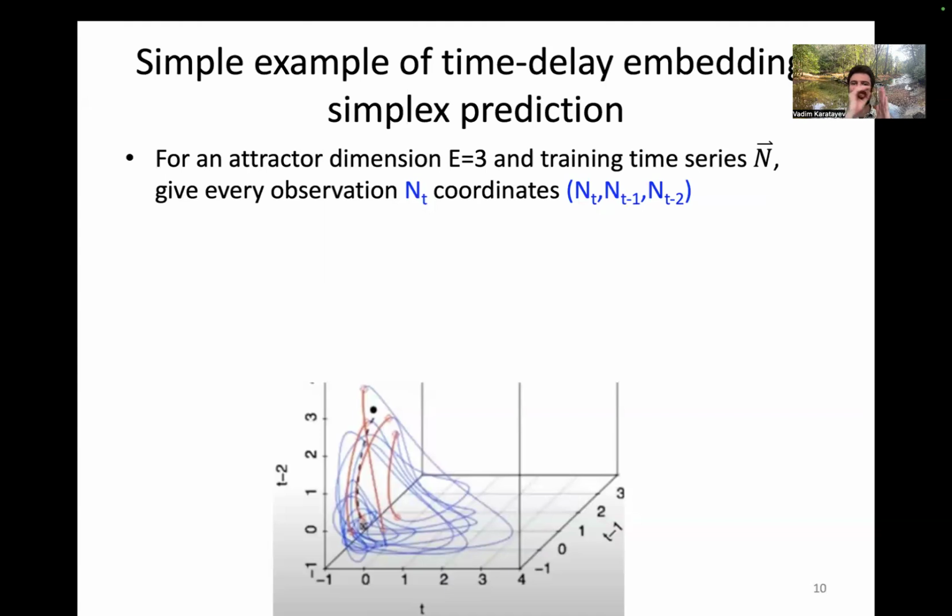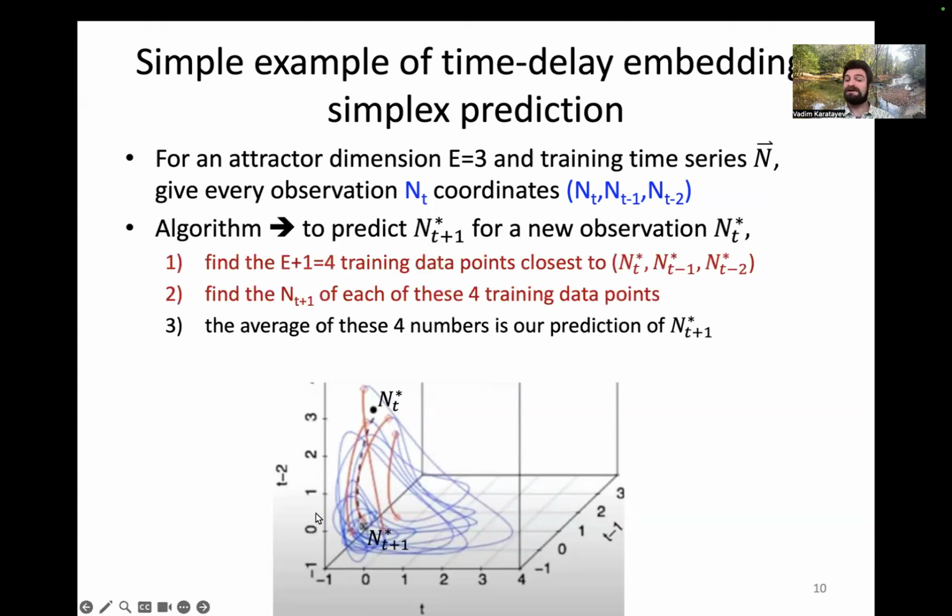So what it is now versus abundance last year and 2 years ago. So that's a set of 3 coordinates. Now we can plot everything in 3D space, and if we connect adjacent points in time, we'll get this set of blue lines here. And now if we have a new observation for which we want to predict where the system will go next year, we have a very simple algorithm.